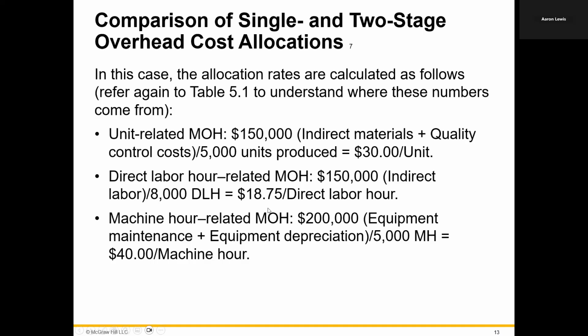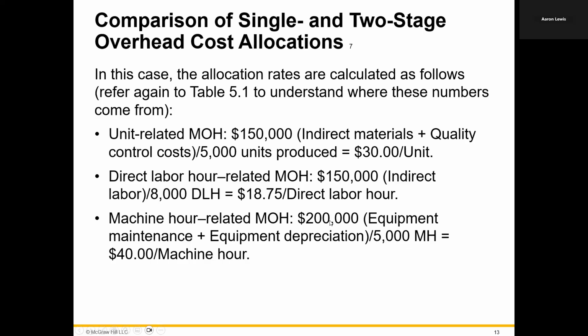pool to that model. And then for our equipment-based pool that we have going on over here, that's a total of $200,000 worth of costs, our equipment maintenance and our equipment depreciation added together. We have chosen here to use machine hours as our driver, and that chart previously in the presentation said that between the two different models, we're going to use machines for 5,000 hours.